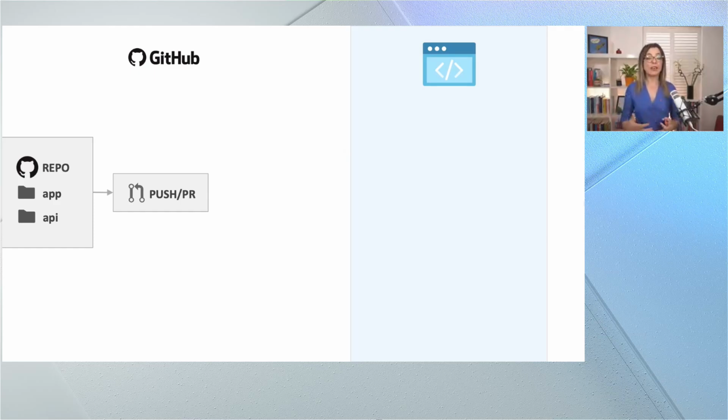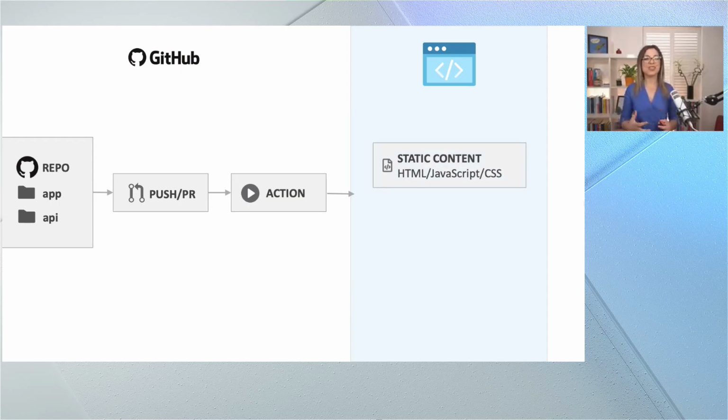And you're going to make a PR or push that code to GitHub, which will then fire off a GitHub action. And then this is when Azure Static Web Apps actually kicks into gear. This is where your application's content, your static assets, your HTML and JavaScript and CSS, get deployed to a server. And so do your APIs using Azure Functions.